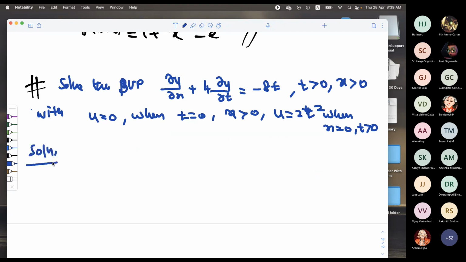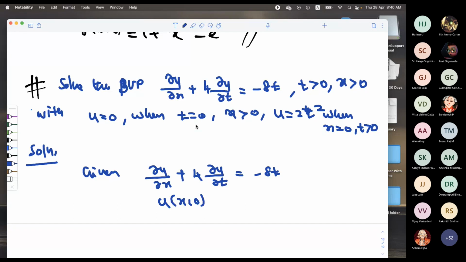The solution of this problem: what is given? Given is dou u by dou x plus 4 times dou u by dou t is minus 8 times t, with u at x comma 0. See, when x is positive and time t equals 0, the u value becomes 0. And when x is 0 and t is positive, u of 0 comma t is 2t square.